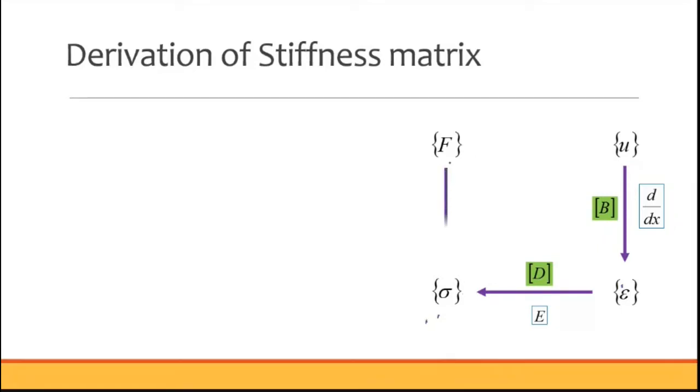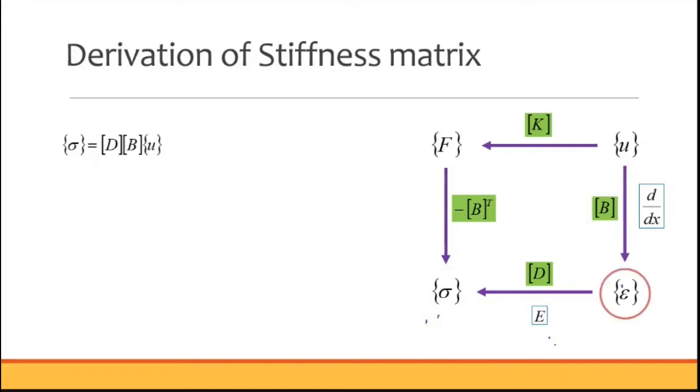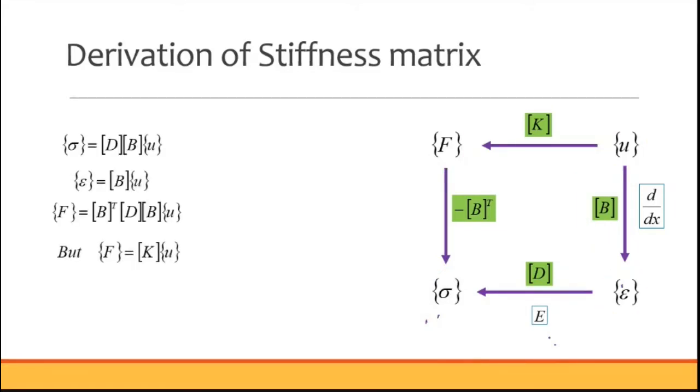Then relating F and your stress, it is the transpose of your B matrix. In that case, you can relate these to what we call K, your stiffness matrix. So we identify the stiffness matrix as B transpose D B, the same thing we discussed in the one-dimensional elements.